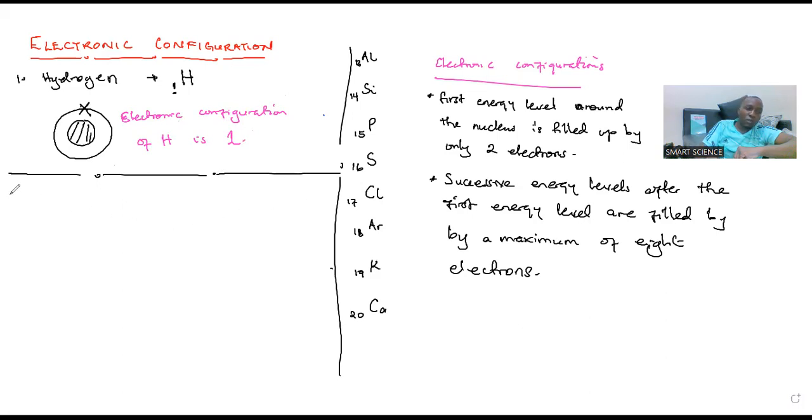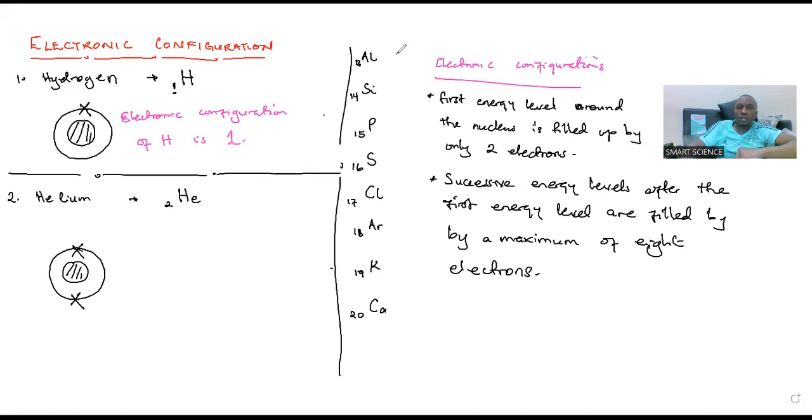Then we go to element number 2, which is helium, symbolized with capital H and a small e, with atomic number 2. From this write-up, it shows that helium, if you draw the nucleus of helium, around the nucleus we shall find an energy level, and this energy level has 2 electrons.